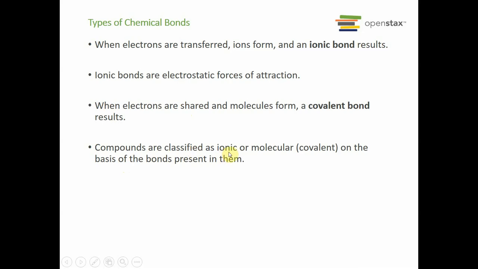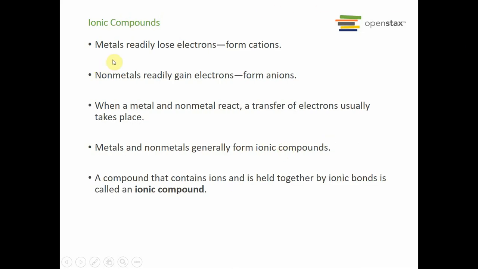Compounds are classified as ionic or molecular, which also means covalent, on the basis of the bonds present in them. So, of salt and sugar on the kitchen table, salt is an ionic compound and sugar is a molecular compound. Metals readily lose electrons and form cations.